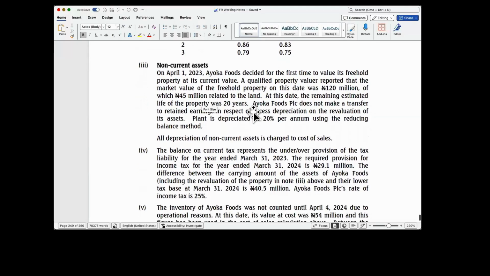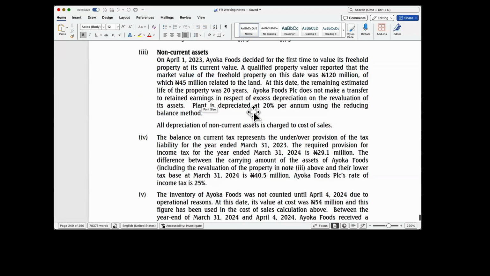The balance on current tax represents the under or over provision for tax liability for the year ended March 31st, 2023. The required provision for income tax for the year ended March 31st, 2024 is 29.1 million.